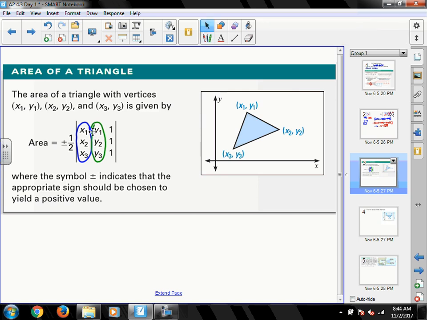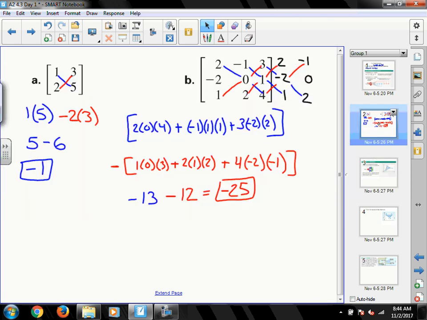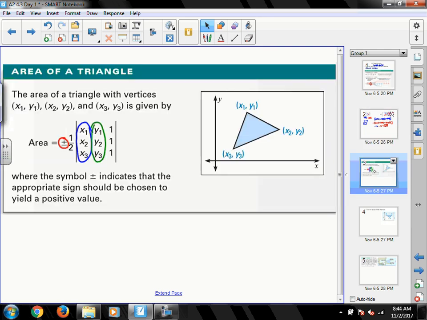And then we're going to take plus or minus half. The reason that it's plus or minus out here is our area can never be negative. But as you guys saw back here, our determinants can be negative. So really, all you're doing is making sure that that area comes out to be a positive value.